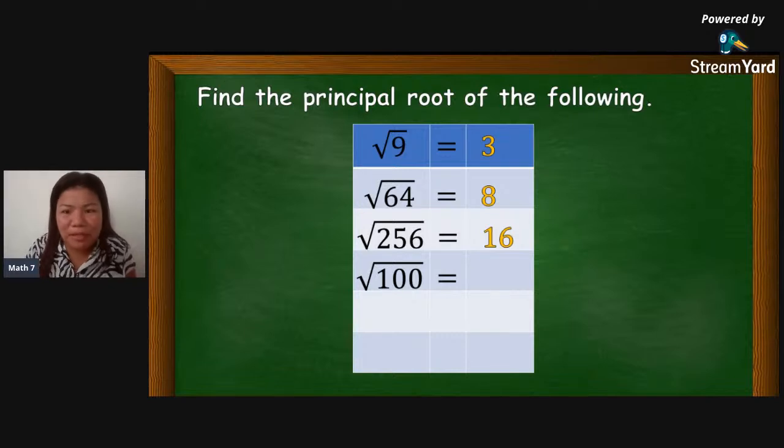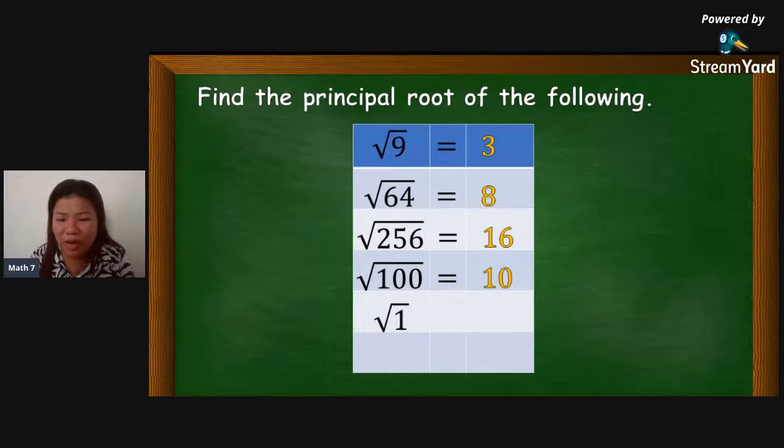What's the principal root of square root of 100? Ano kaya ang principal ng square root of 100? Ang dami nang nakakasagot. Ang bilis na nila. Okay, very good. The correct answer is 10. Okay, very good. Next, what about square root of 1?